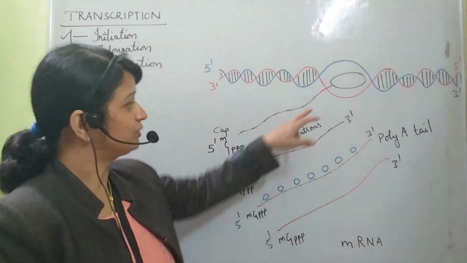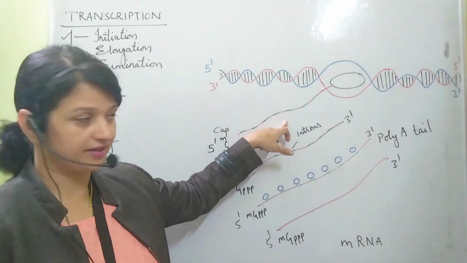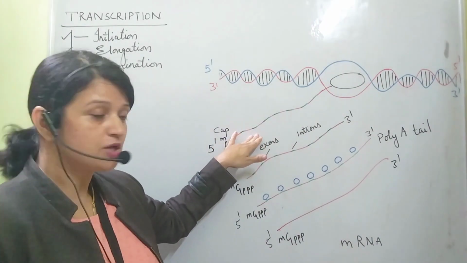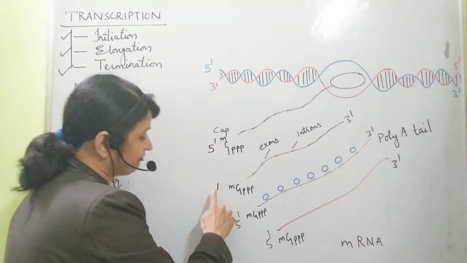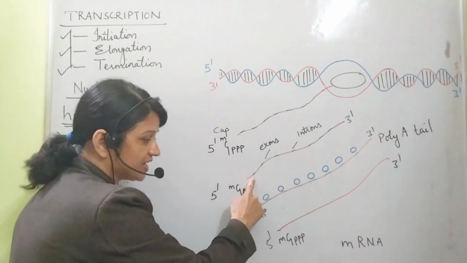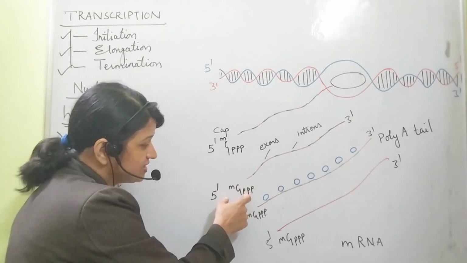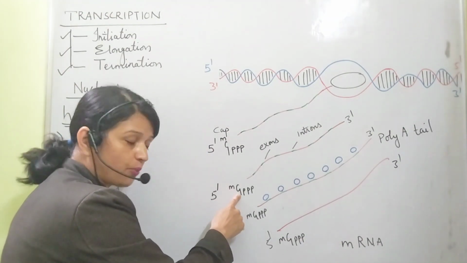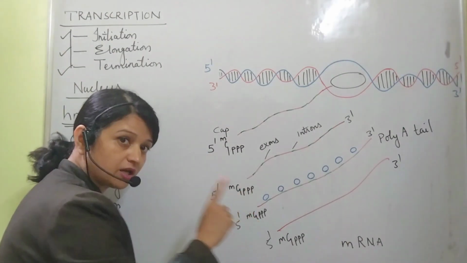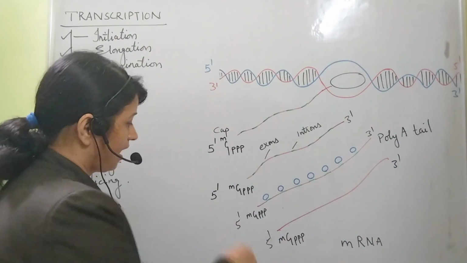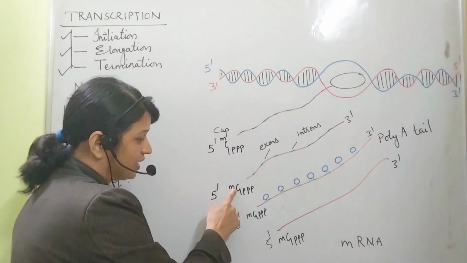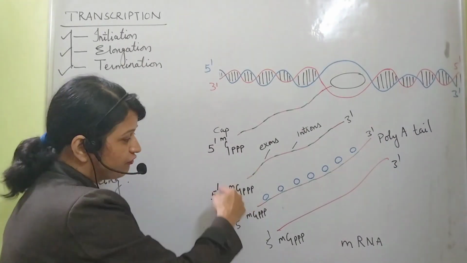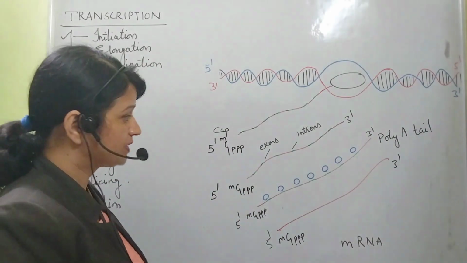As I told you, we got the hnRNA. This hnRNA is very unstable. So what we do is, at the 5' end of this hnRNA, we add a cap-like structure which is made up of methyl guanosine triphosphate. Do remember, at the 5' end, we add methyl guanosine triphosphate and it forms a cap-like structure.